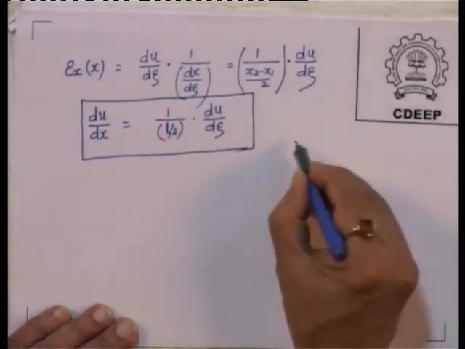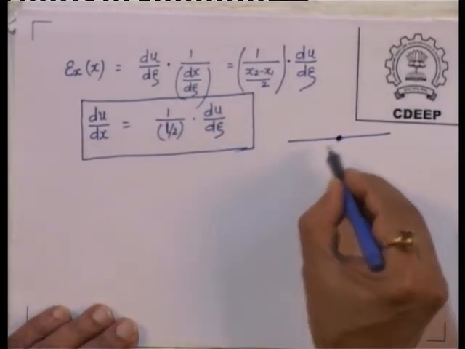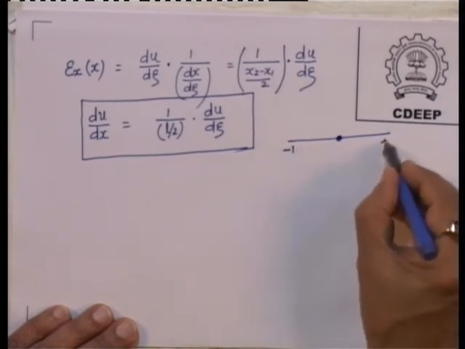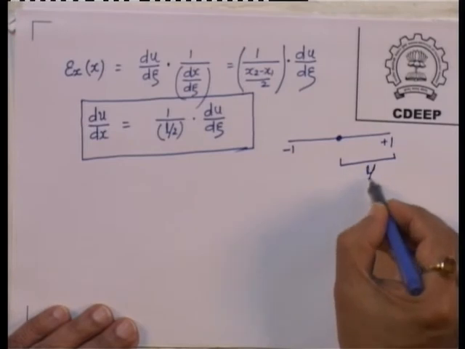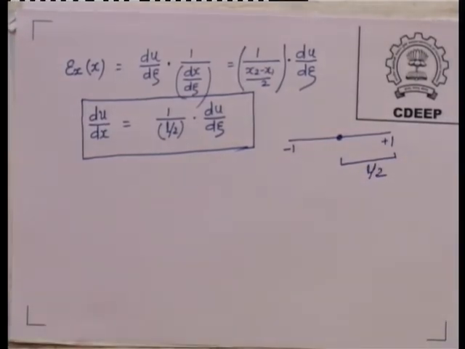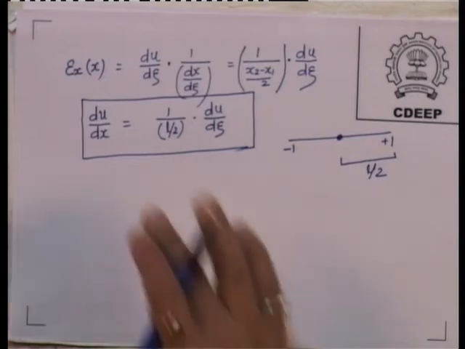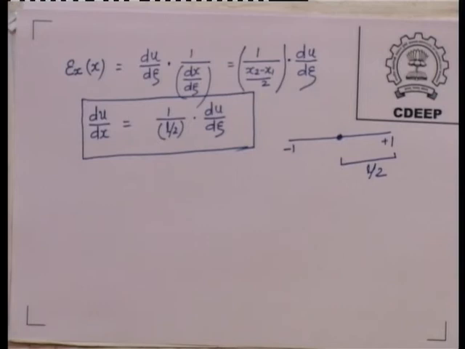If I take this derivative, which is the strain, it is related to the strain in local coordinate, but then I have to multiply by L by 2, half the length of the element. This is the length of the element, this is minus 1, this is plus 1, and so this is L by 2. Then it gets transformed. So this is the transformation.